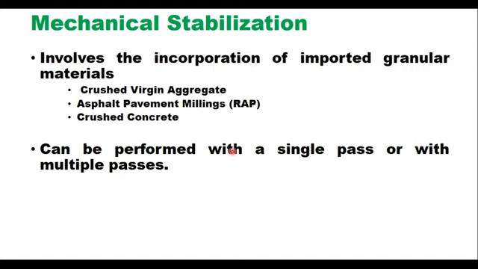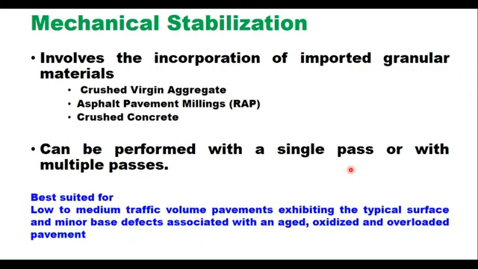And it can be performed with a single pass or with multiple passes depending upon the requirement. And mechanical stabilization is best suited for low to medium traffic volume pavements exhibiting the typical surface and minor base defects which are associated with an aged, oxidized and overloaded pavement.